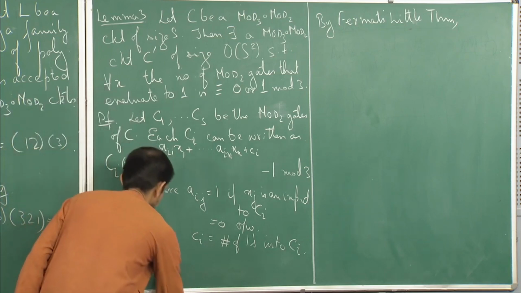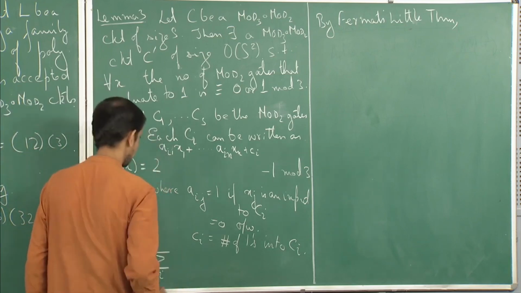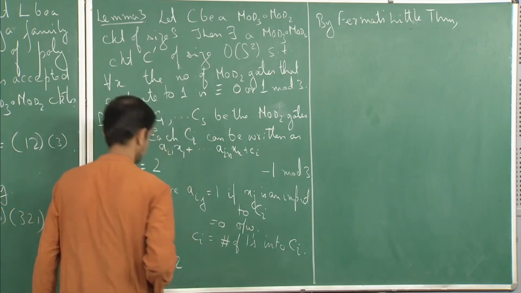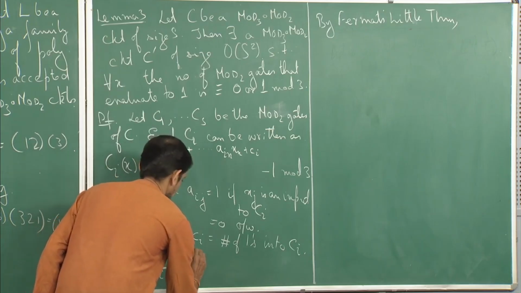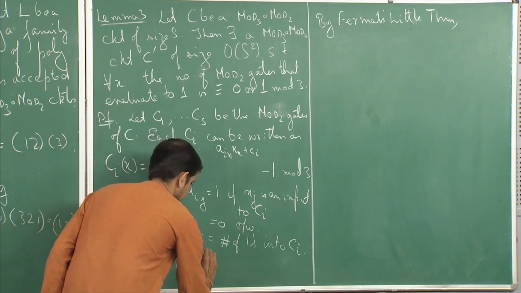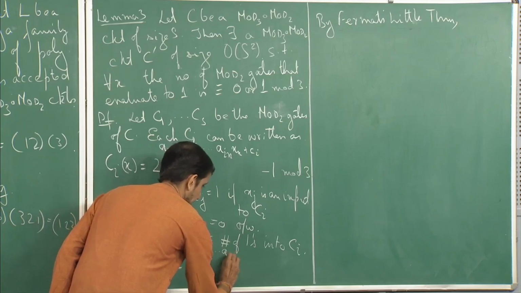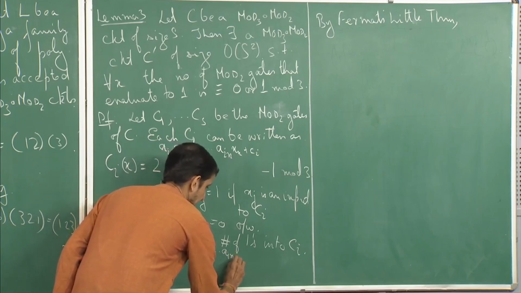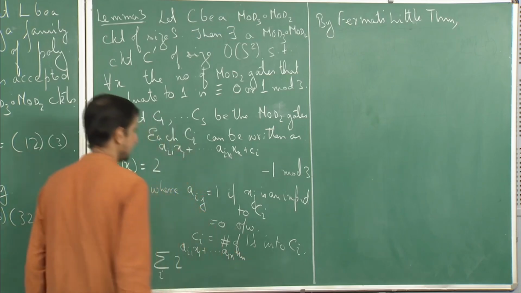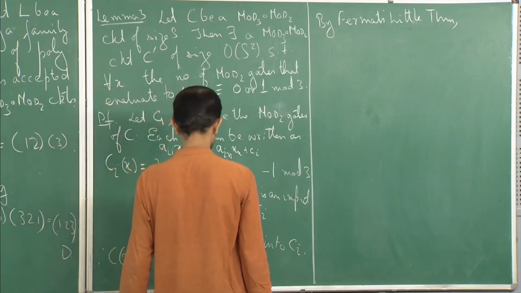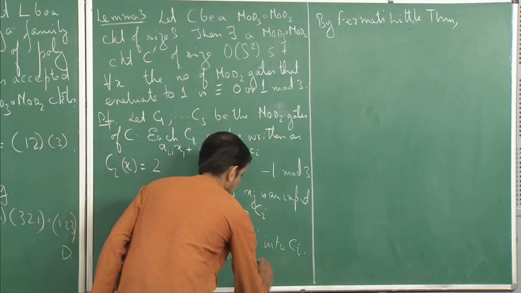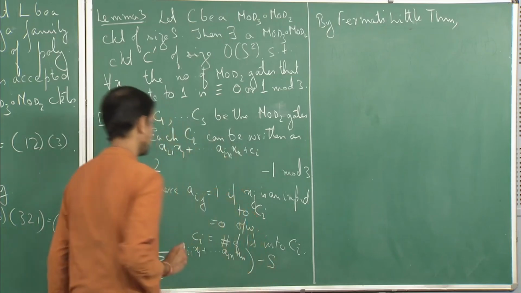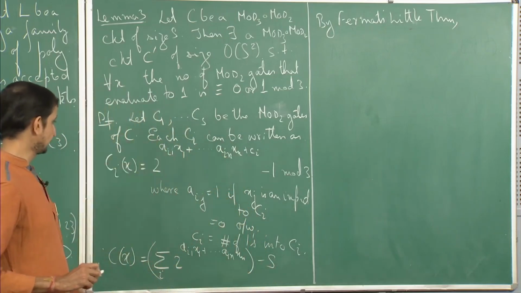So, that will be sigma i 2 to the power ai1 x1 up to ain xn, minus S. So, S is the number of mod 2 gates.